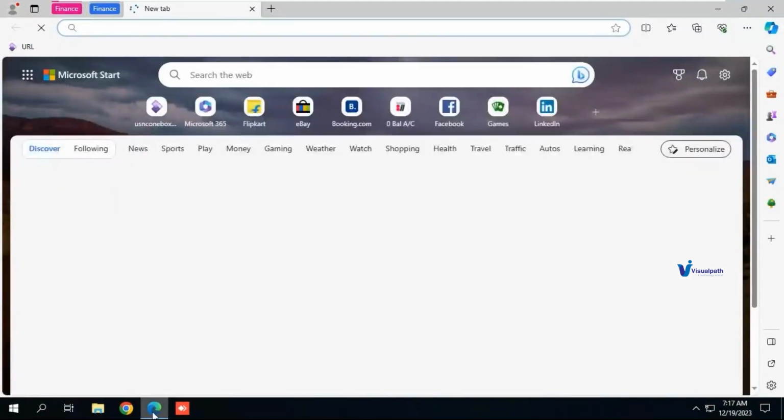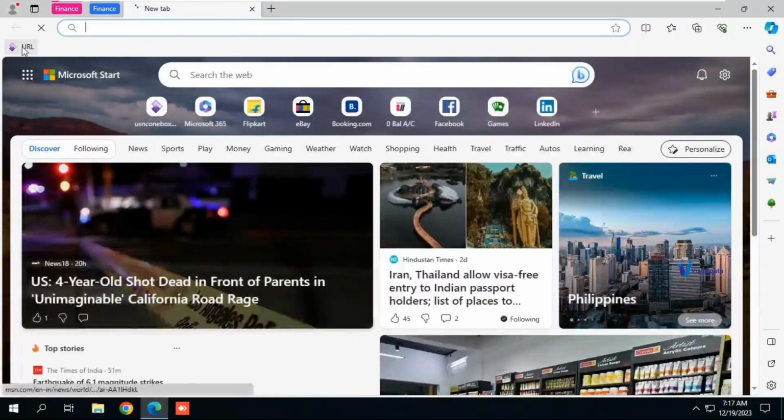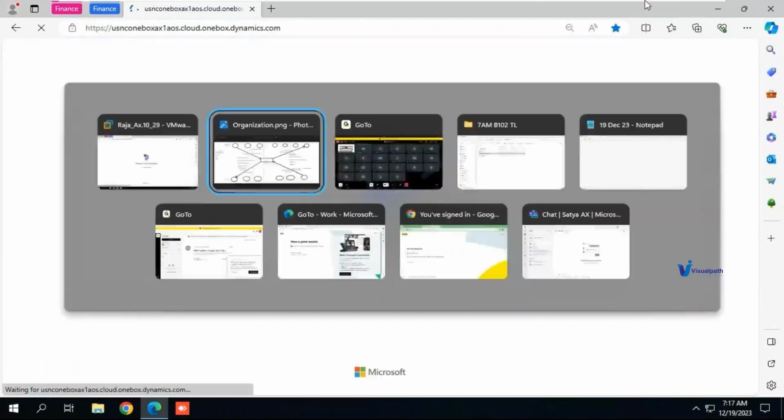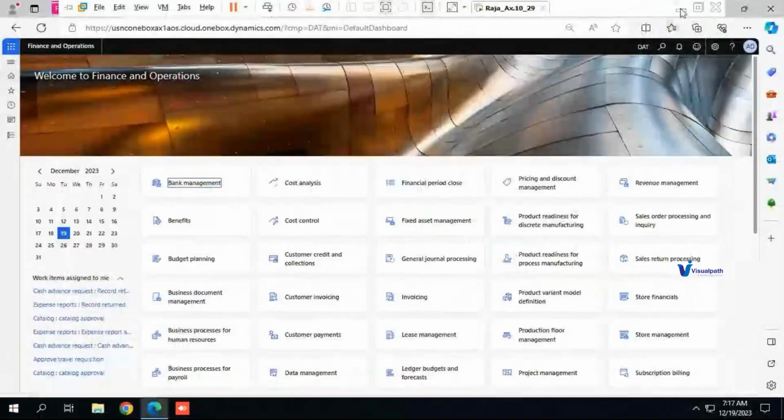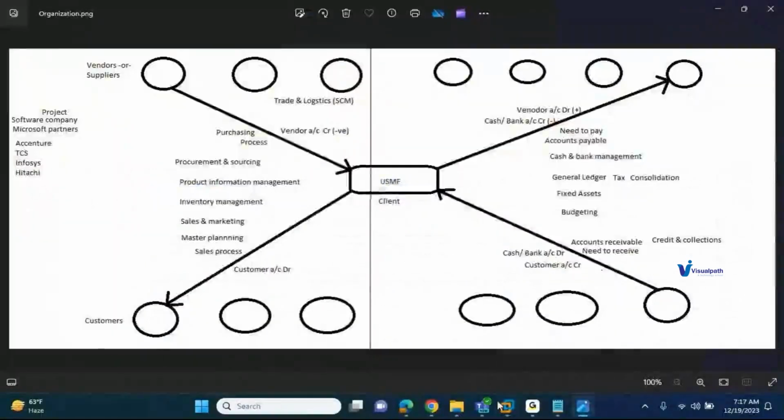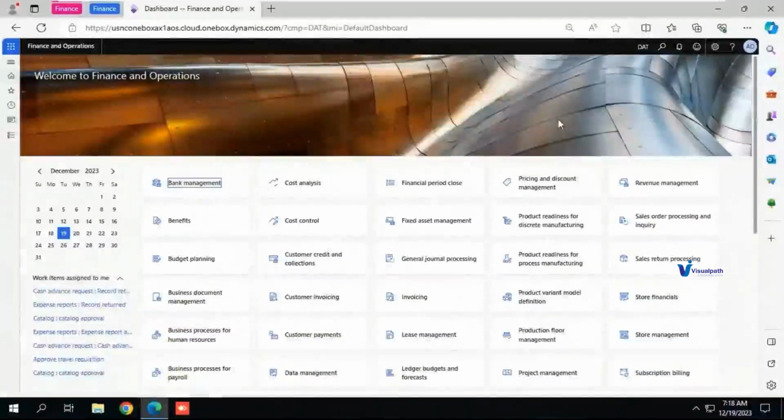Sir, I have one more question. Yes, please. Sir, will you be providing access to the dev instance environment? Environment access, for practicing. Yes. Fine. Let me go to that one.